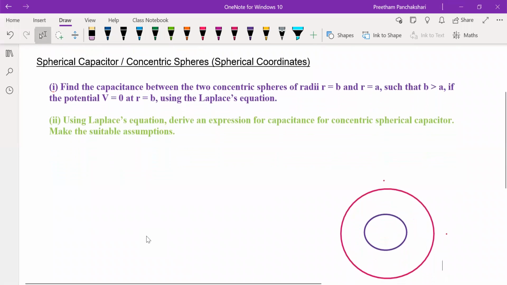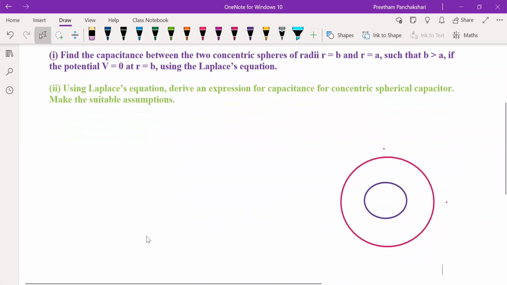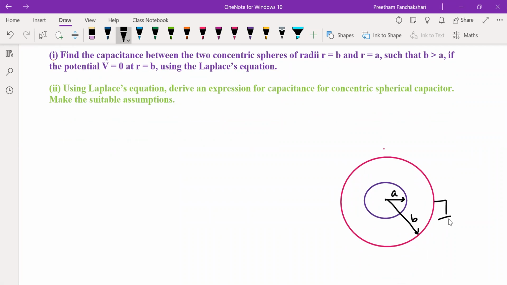Now here I have two concentric spheres. The inner one, let us say, is of radius a, the outer one of radius b. Let the outer be grounded, that is, at potential 0.